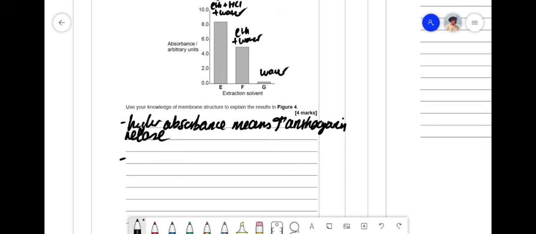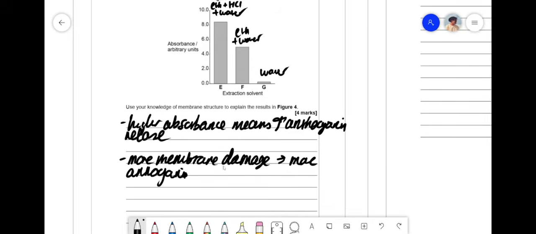Obviously the presence of acid is going to damage the cell membrane, so more is released. So we need to write that down as well: more membrane damage leads to more anthocyanin release. Yeah. So now we need to compare all of them.